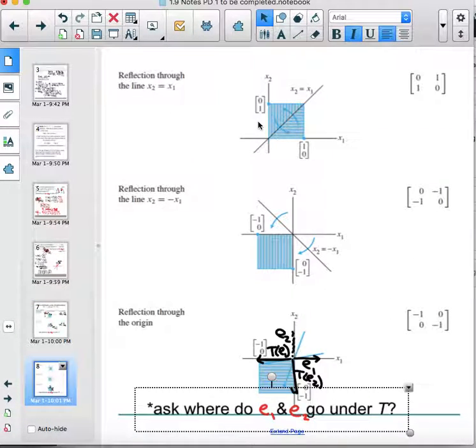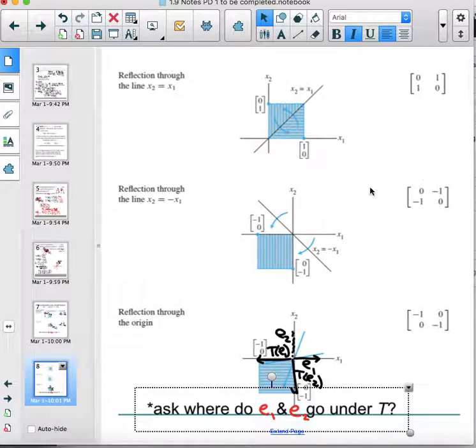Some more common reflections are reflecting over the line y equals x. So here, 1, 0 would flip over to here and become 0, 1. So typically this is 1, 0. It's now transformed into 0, 1. The vector 0, 1, that unit vector becomes E1, becomes 1, 0.